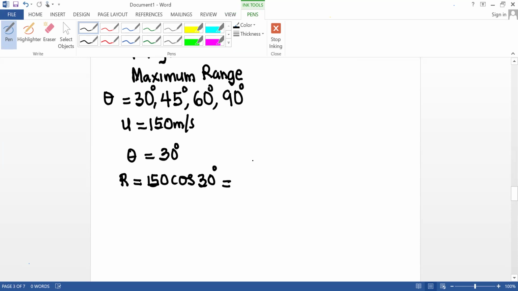One thousand, 948. When theta is 45, 2,250 meters.